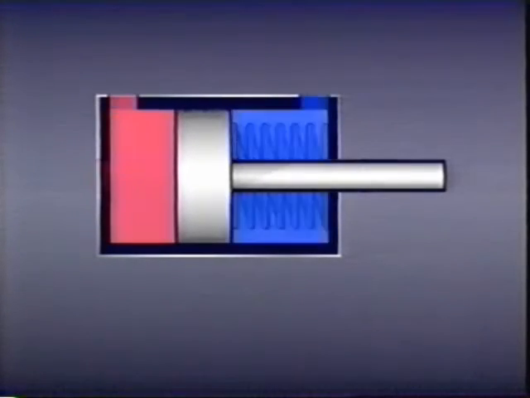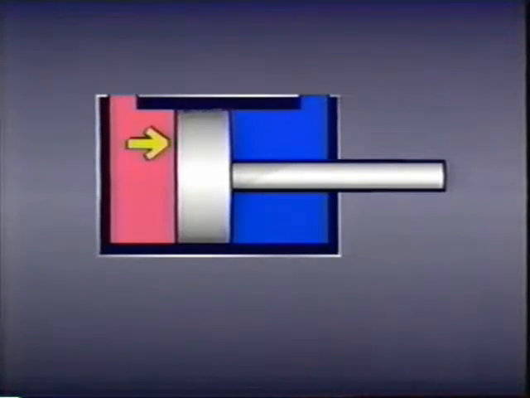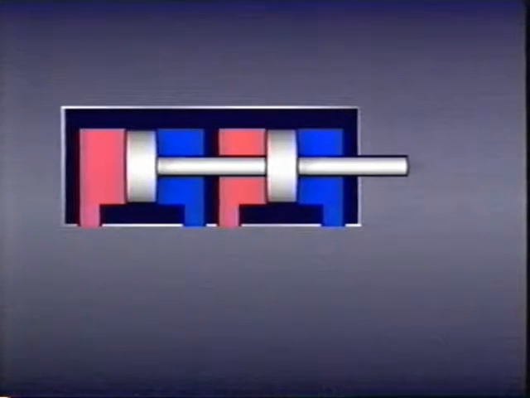A double-acting cylinder is one in which fluid pressure can be applied to either side of the piston. Tandem cylinders have two or more pistons connected to the same rod. This allows system pressure to be applied to each piston, increasing the force the cylinder produces without having to use a cylinder with a large diameter piston.